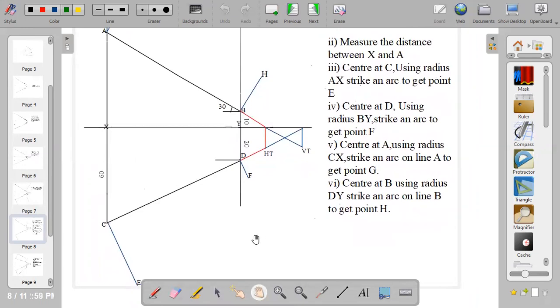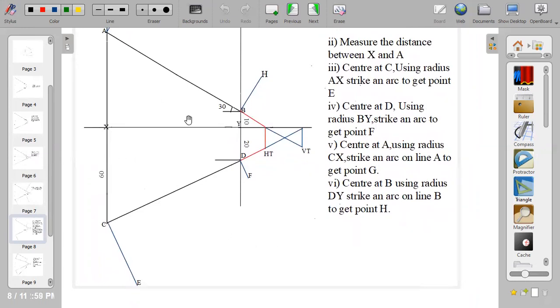This is the point. Using radius AX, center at C, strike an arc on line C. That gives you point E.